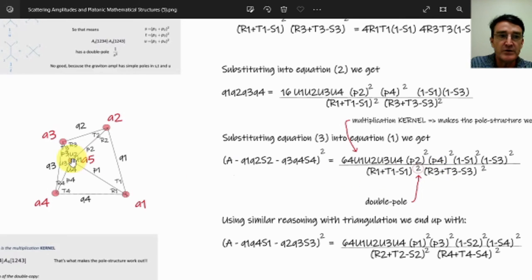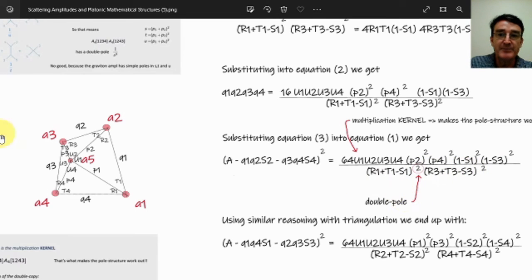R3 is 0, and we get T3 minus S3 is 0. T3 is the same as S3. When R3 goes to 0, then T3 is equal to S3, and we get a pole right here. It's a double pole again, and that's one of the zeros here. U2 was 0, so that cancels one of the poles, and we get a single pole in the denominator.